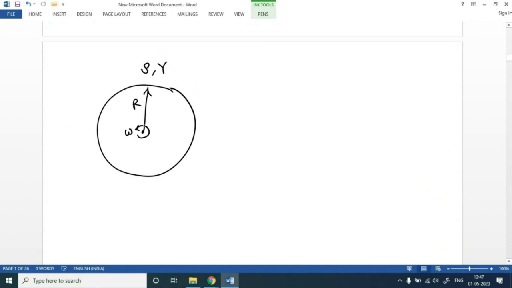Due to this omega there would be elongating tension developed in this ring, and that will cause the length of this ring to increase, or the radius of this ring to increase. I want to find out the small increase in its radius. The question is, find the small increase in radius of the ring.